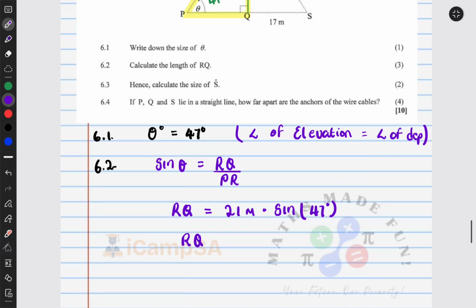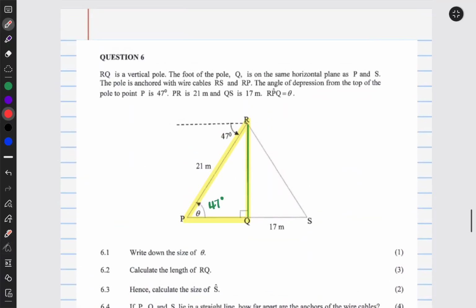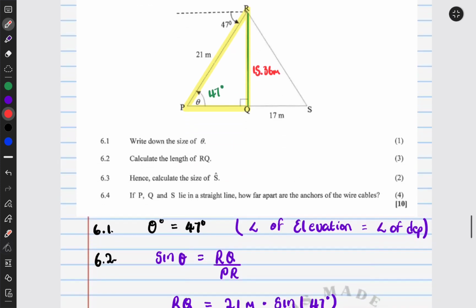Therefore RQ is equal to 21 sine 47, which is equal to 15.36 meters. So that's the value of RQ.